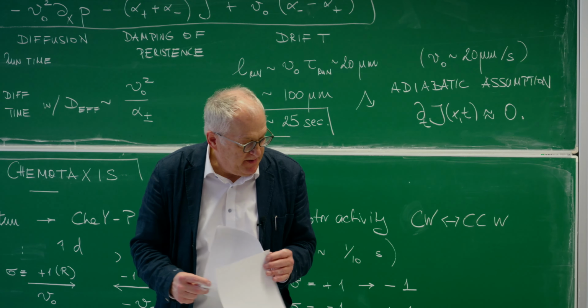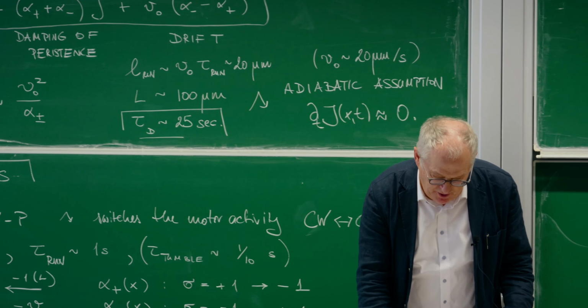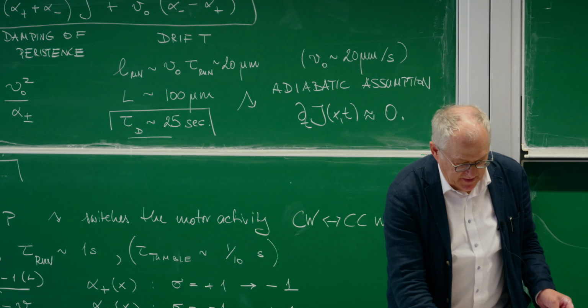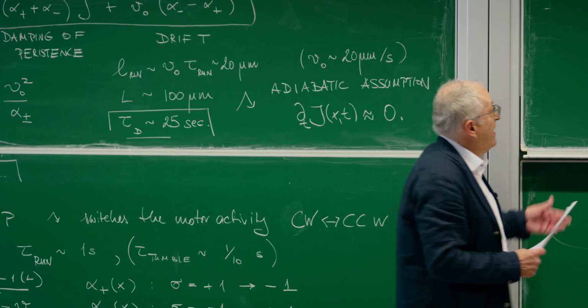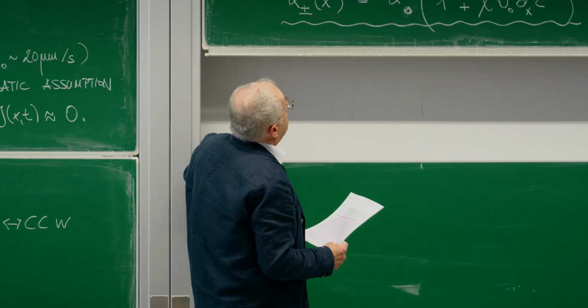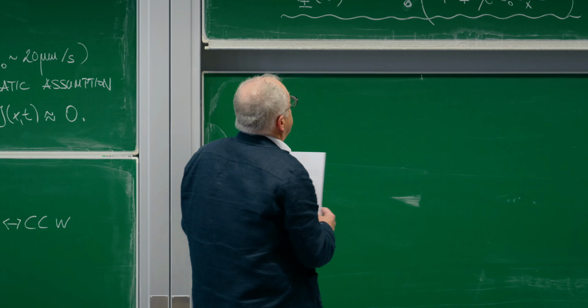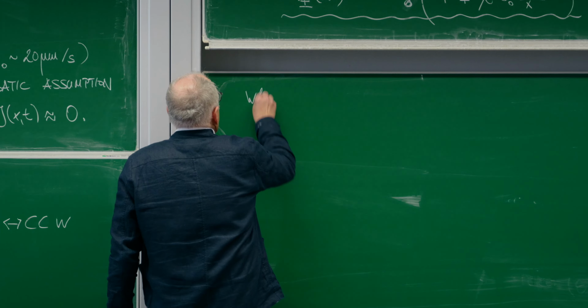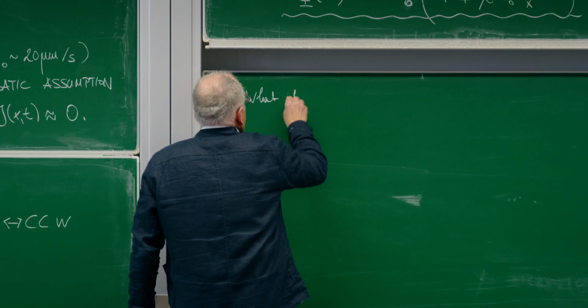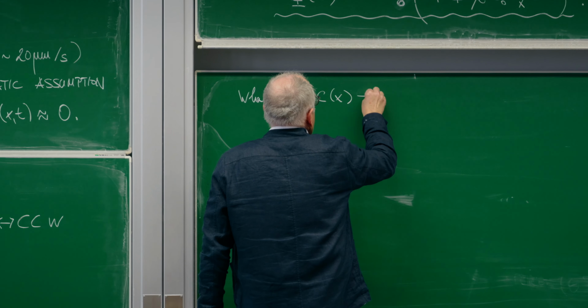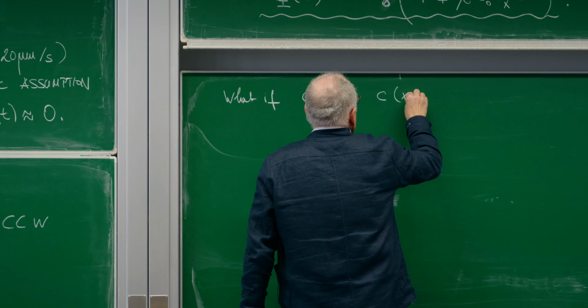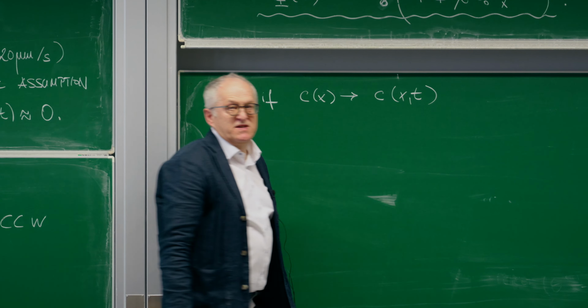Now, let me turn to something else. Let us now ask what if, and that's in general the case, you have not c of x, but you actually have c of x and t.